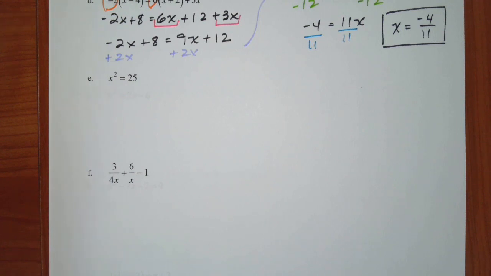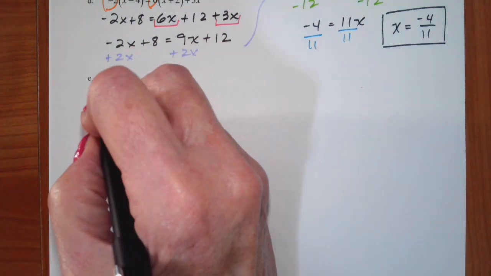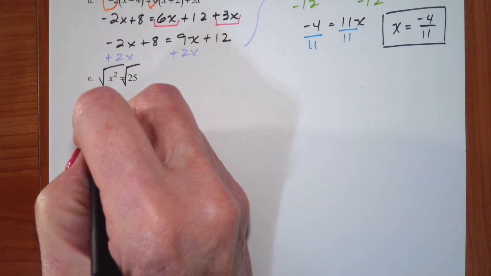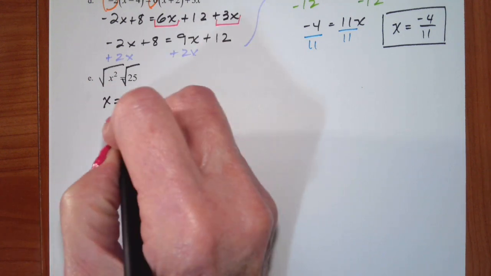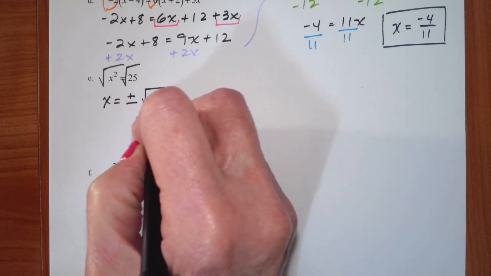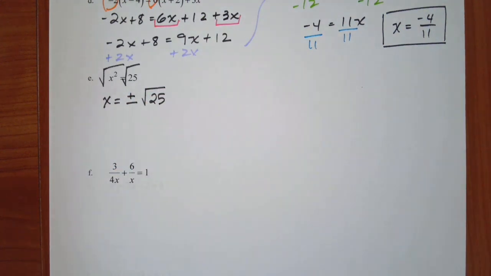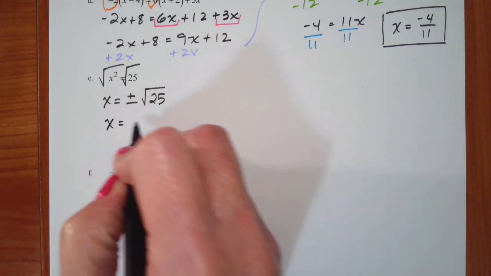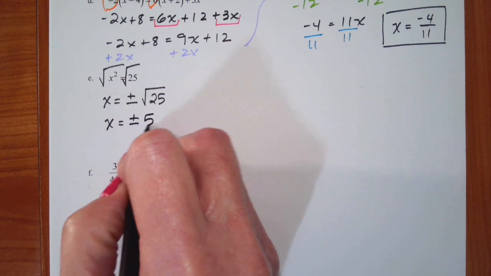Okay, on E, there are a couple ways that you can do this. You can use the square root principle, which means I'm going to take the square root of both sides. So that gives me that x is equal to the positive or negative square root of 25. Well, I know the square root of 25 is 5, so x is equal to positive or negative 5.